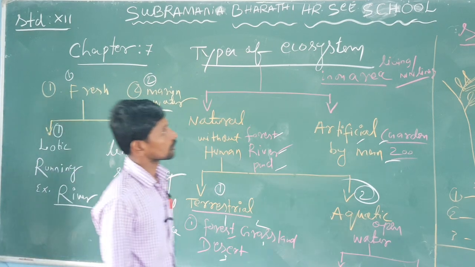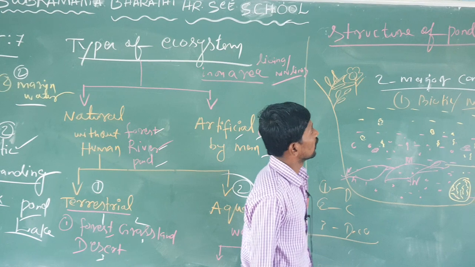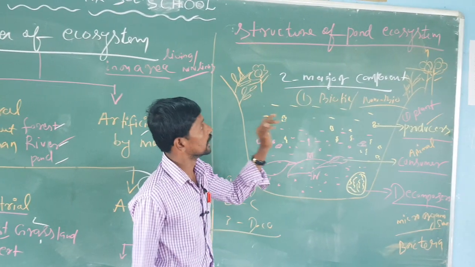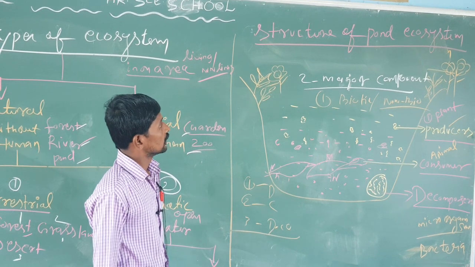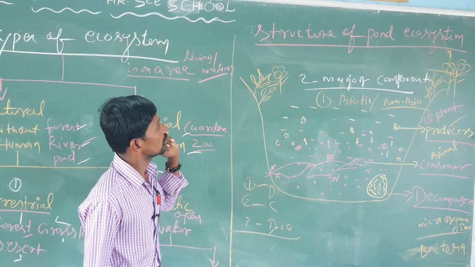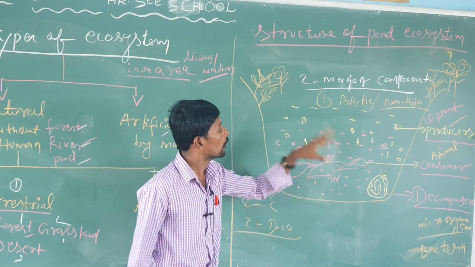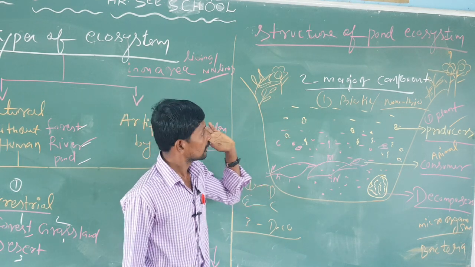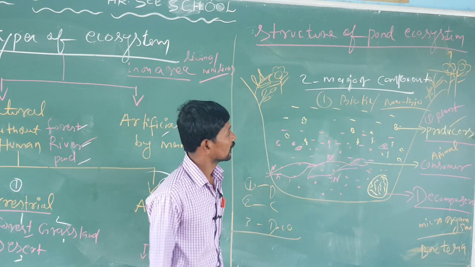Then the structure of a pond ecosystem. A pond ecosystem has two major components: the first is biotic, the second is non-biotic, or abiotic.